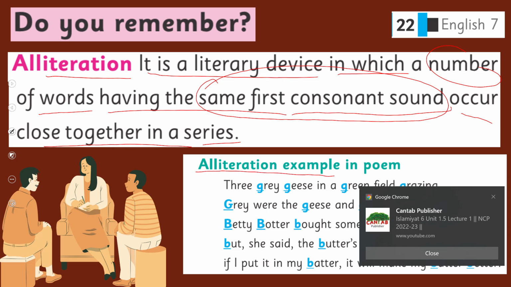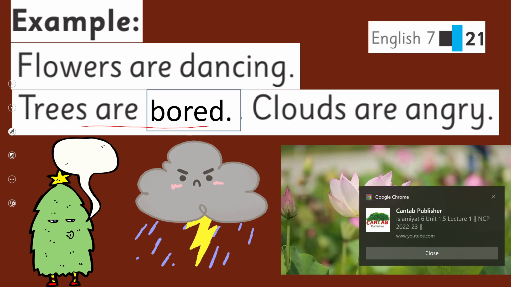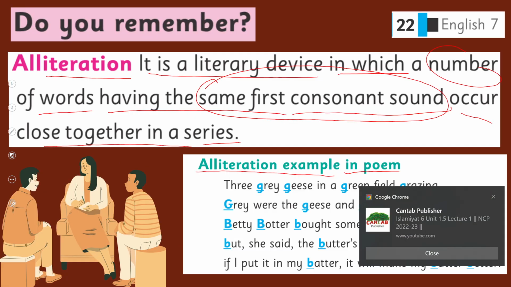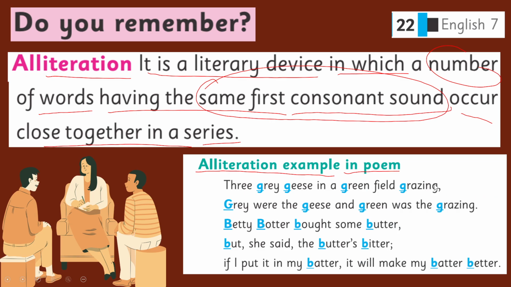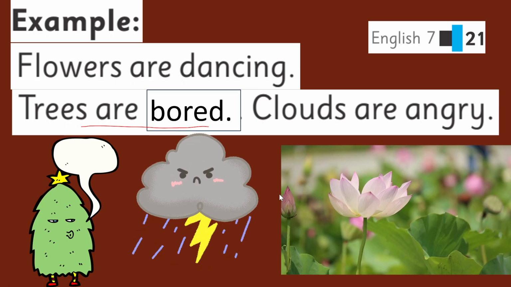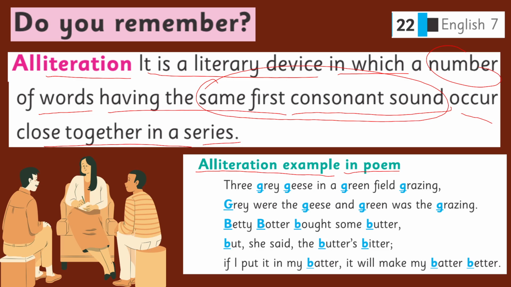Alliteration example in a poem. Now, three gray geese in a green field grazing. Now, this consonant G, the sound G, is coming over and again in this first line.